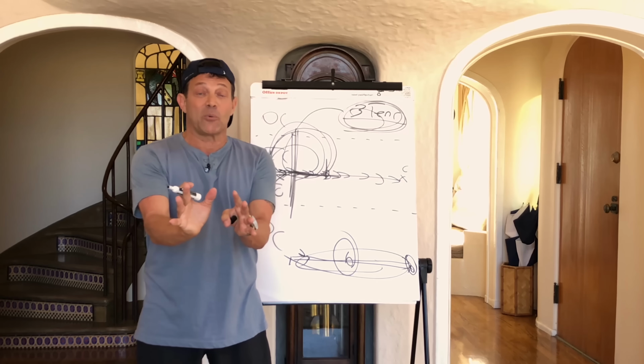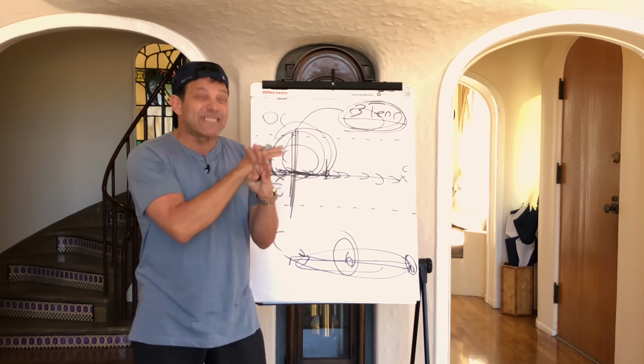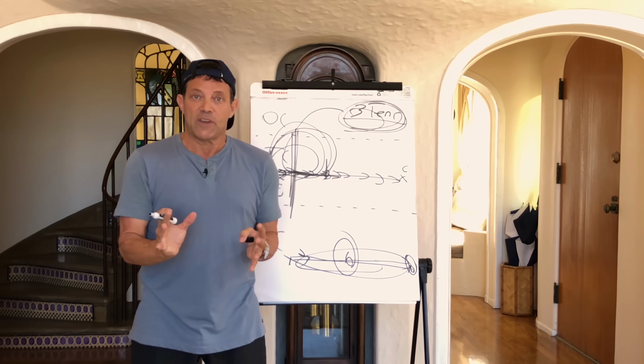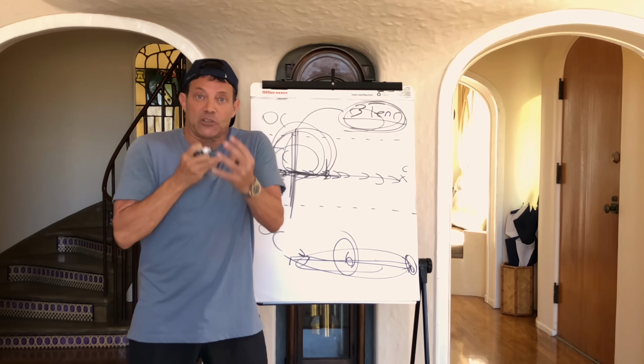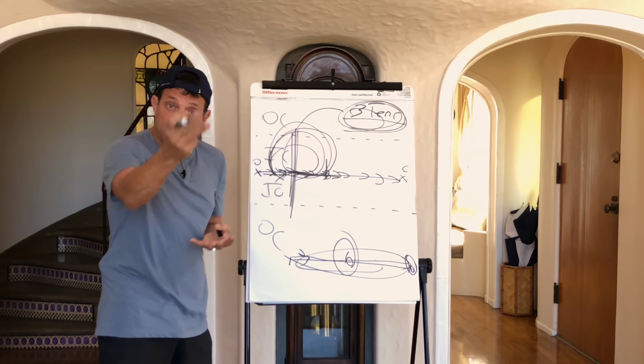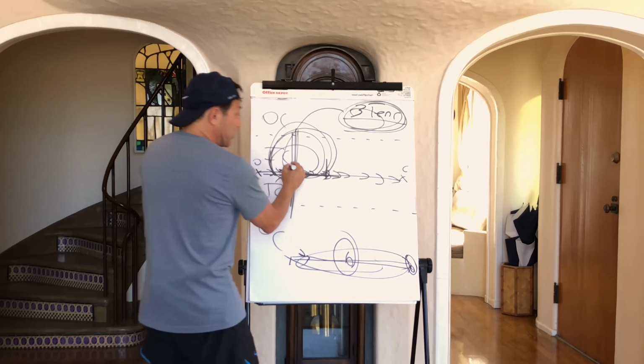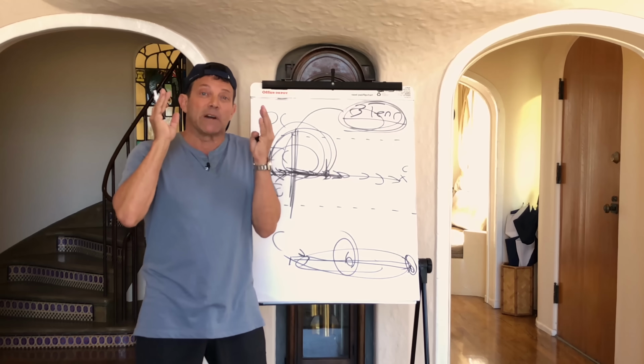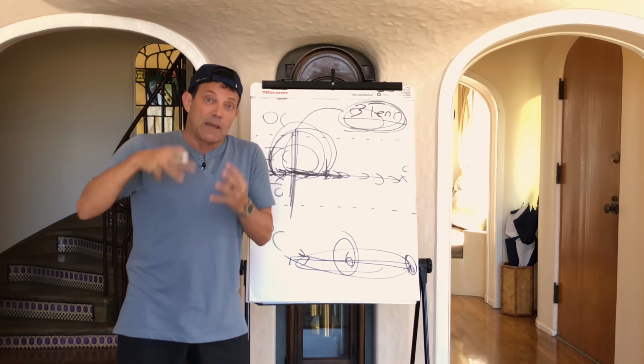In practice, by the way, not only is this so simple to do, but it is so wildly effective that when you start running loop after loop, because you can do this. Imagine every time you get an objection, you can run a new loop. You can say, I understand. Let's say someone says, I can't afford it. I say, listen, I understand money might be tight, okay, but let me say this.